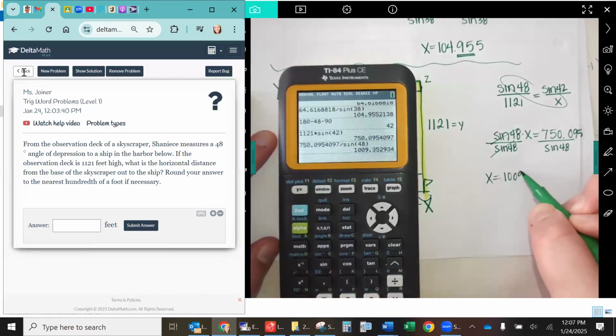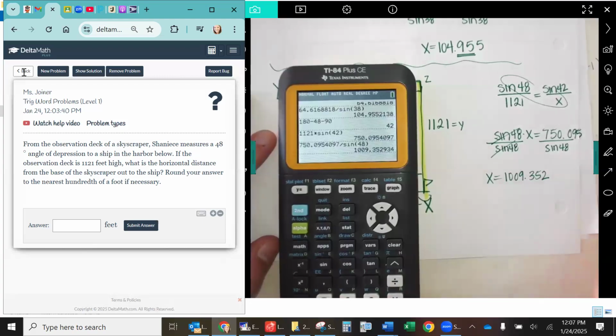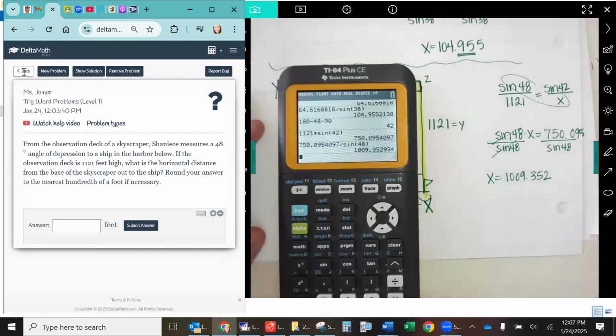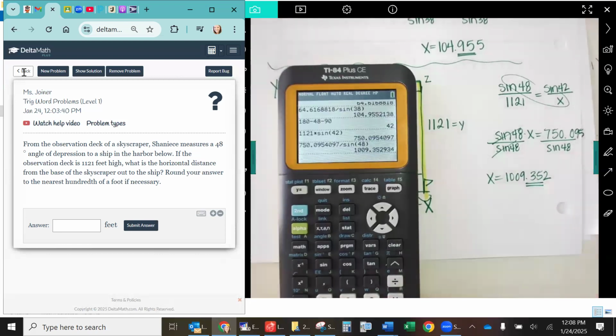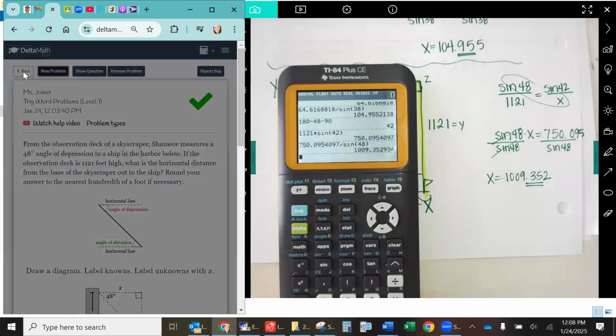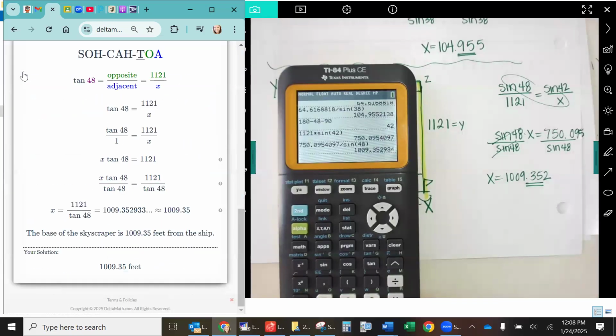So I got 1009.352. And then it says we're rounding to the hundredth again. So if it's a 0.35 followed by a 2, do I keep it or do I bump it up? Keep it. 0.35 would stay. So it'd be 1009.35.